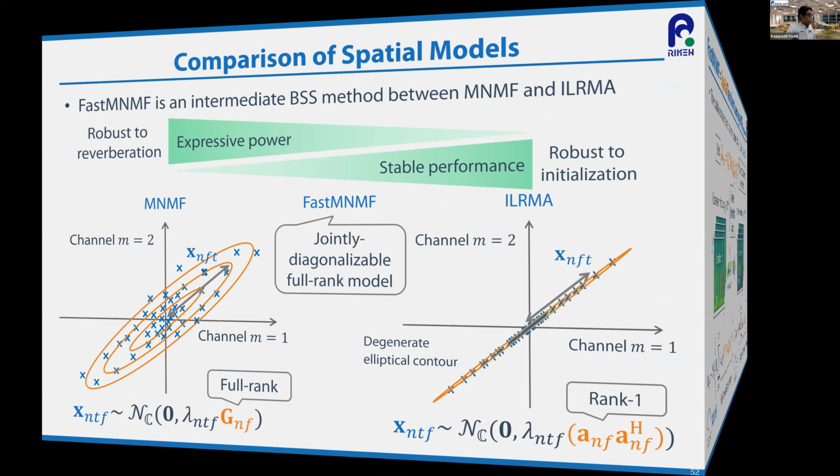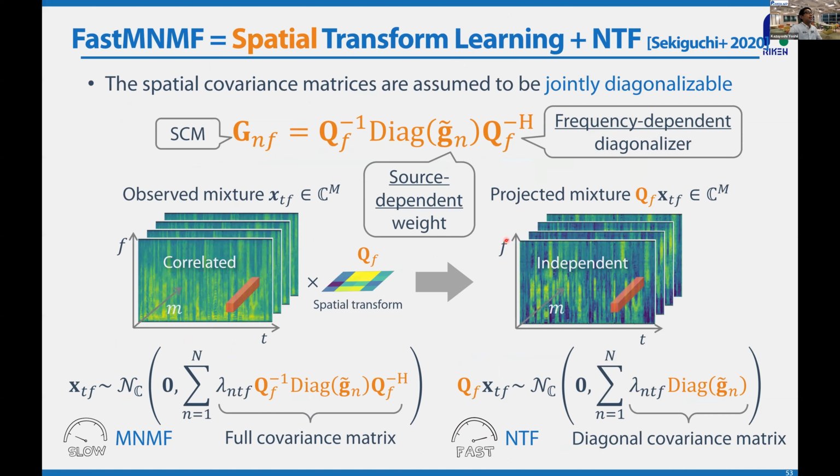So FastMNMF is a combination of spatial transform learning and non-negative tensor factorization. Conventionally, only the inter-channel covariance structure is considered.